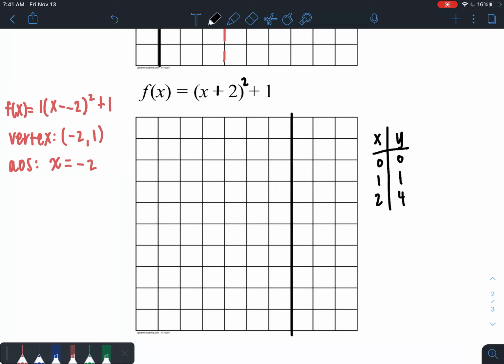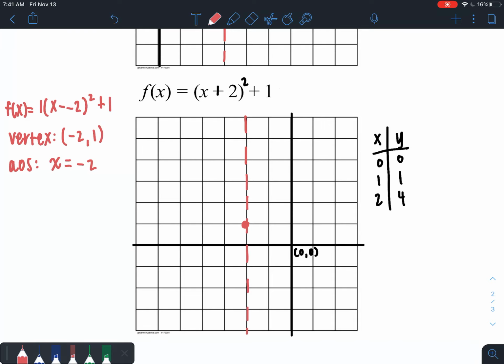Draw my lines over here. All right, and this is the point 0, 0. So we'll graph negative 2, 1, my axis of symmetry.